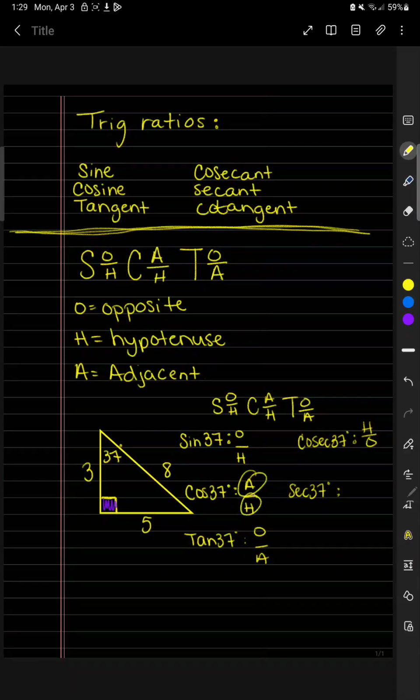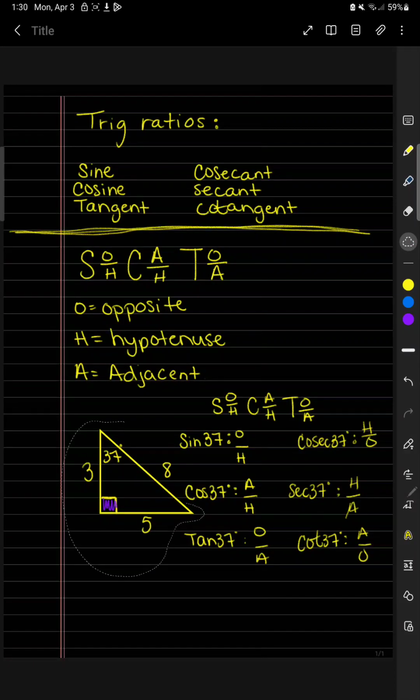If this is A over H, we're doing H over A. And last we have cotangent, C-O-T, cot. This is opposite over adjacent, so we're doing adjacent over opposite. And I'm going to fill in those letters as we go through.